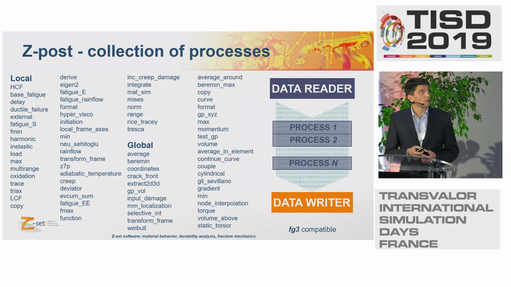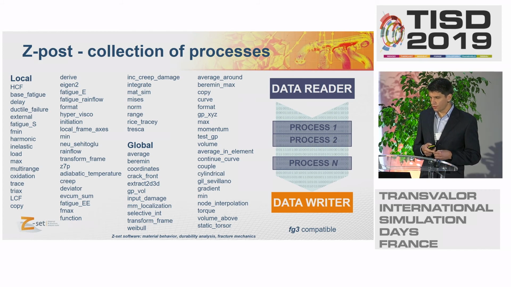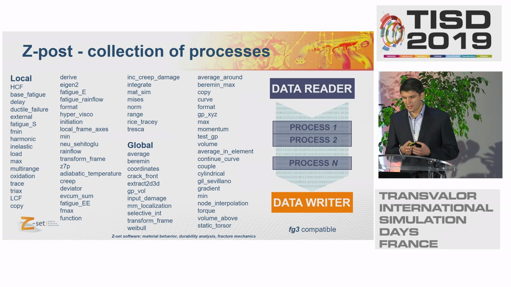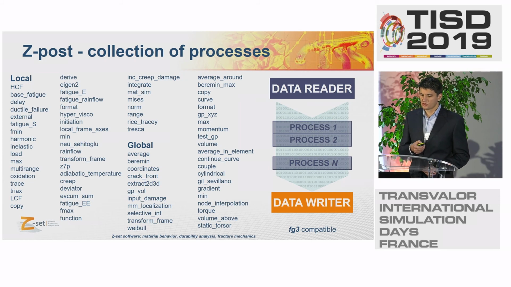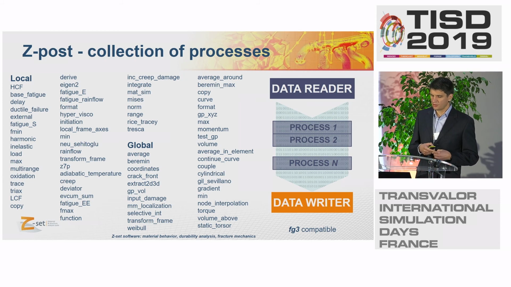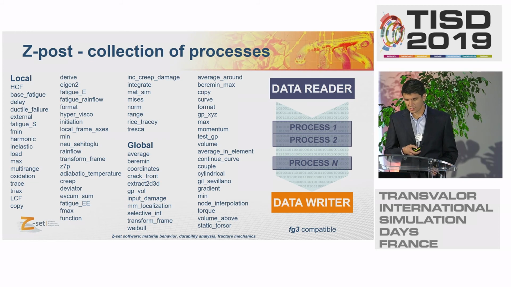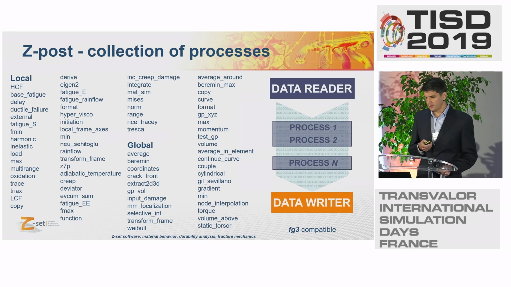So now I go to the next part of my presentation, this is ZPost software. ZPost software is very important for us because it allows to estimate fatigue life of components. First, Zmat allows to calculate stress and strains precisely, so derive strain-stress loops of good quality, and then we apply post-processing approaches to calculate the fatigue life of the components.